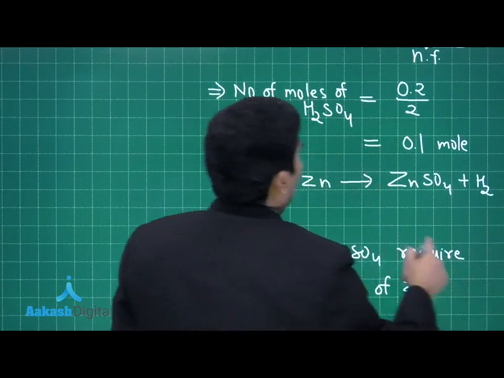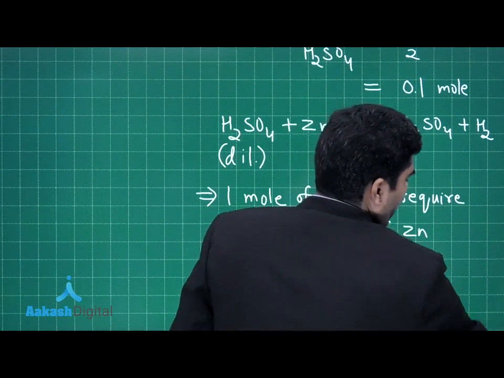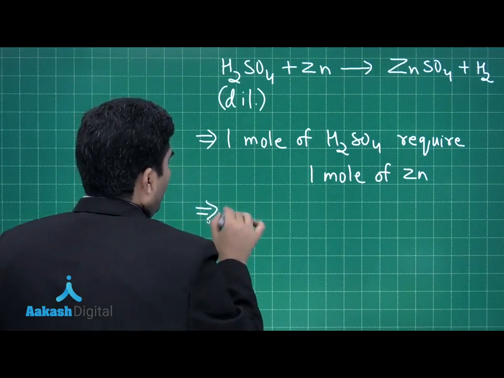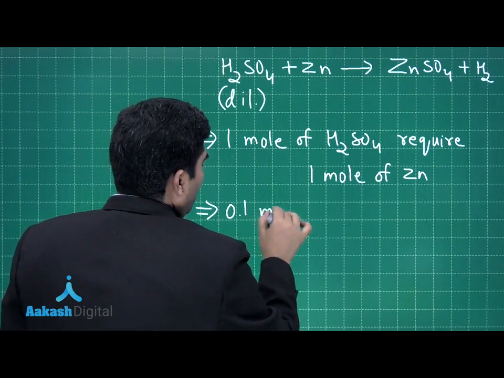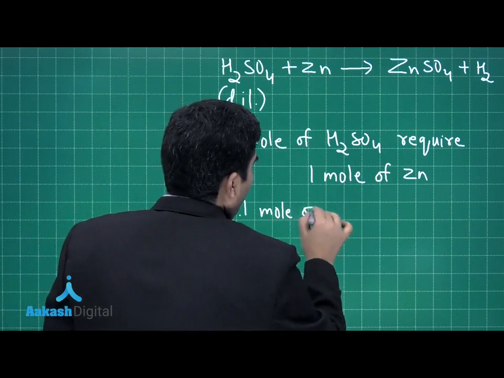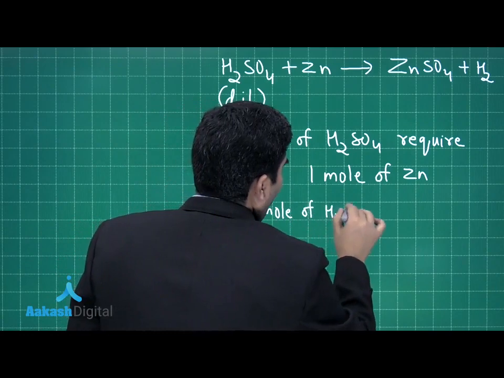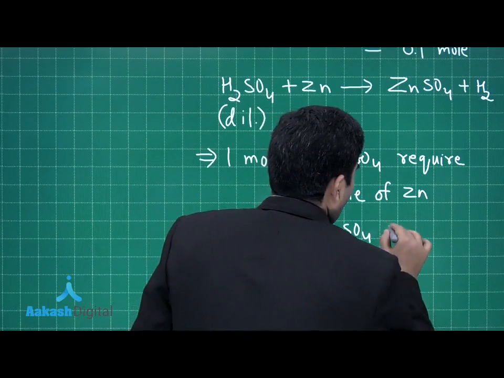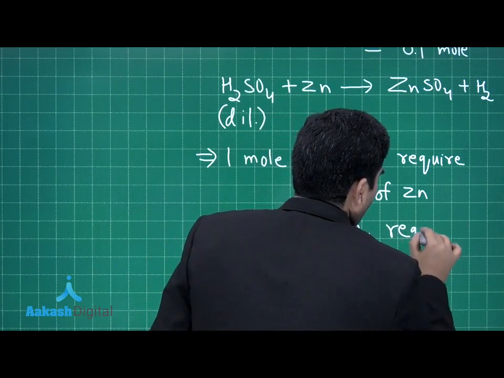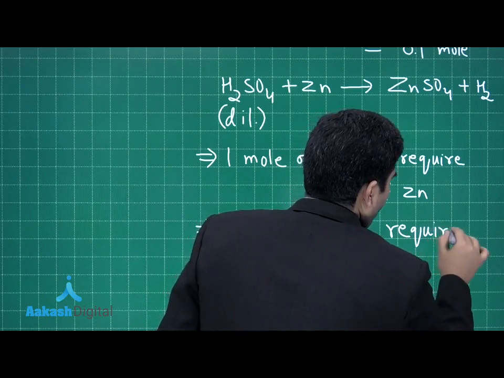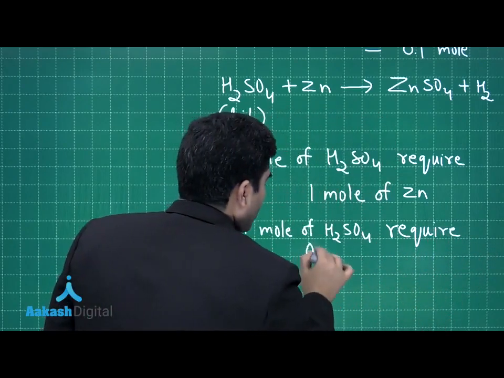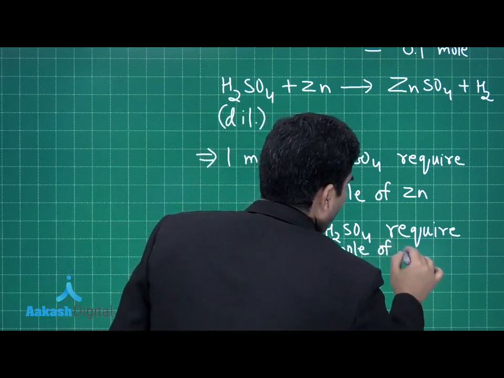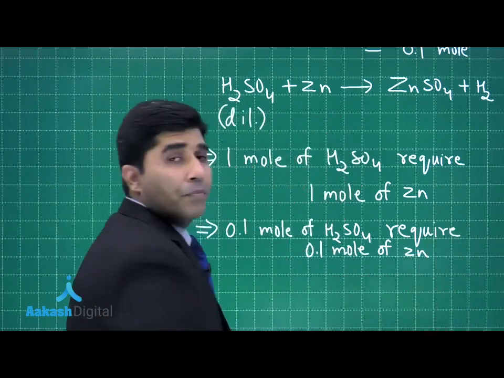So, how many moles of H2SO4 do we have? The number of moles of H2SO4 is equal to 0.1 mole. That's why we can say that 0.1 mole of H2SO4 requires 0.1 mole of zinc, right?